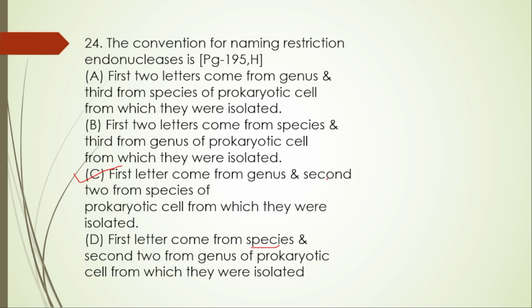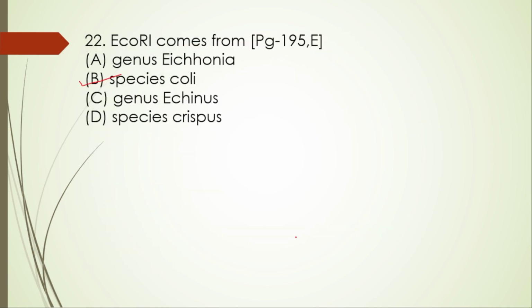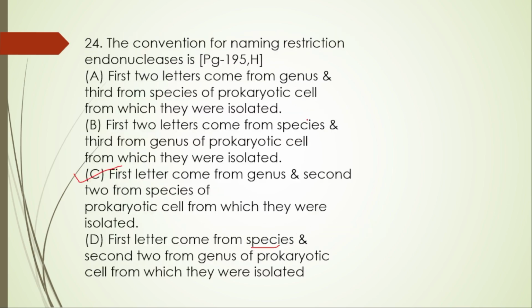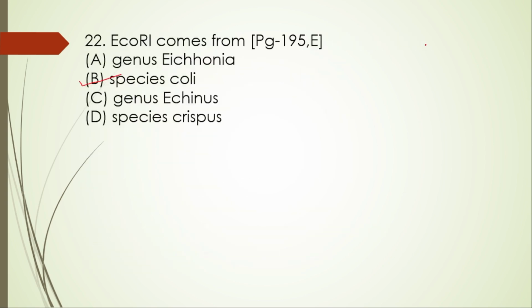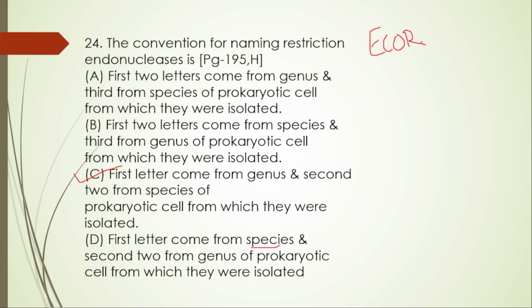Going with the example we had in the last question, EcoRI: here E is from Escherichia, that is the genus, and co, two letters from the species, that is coli, and RY13 is a strain, and then I is the first enzyme isolated from this strain.